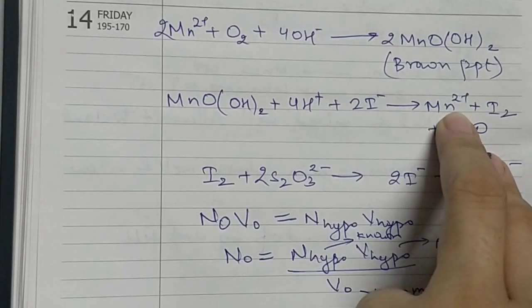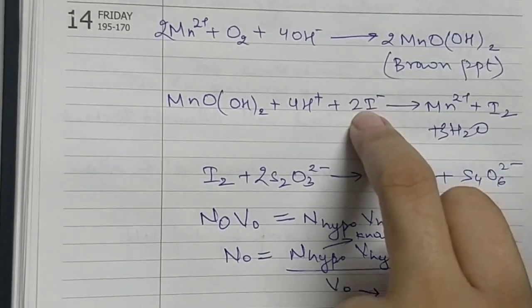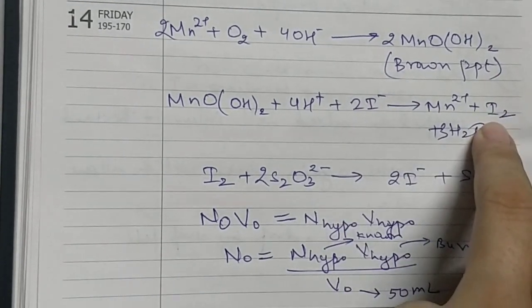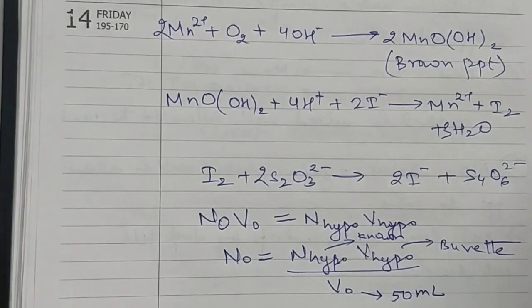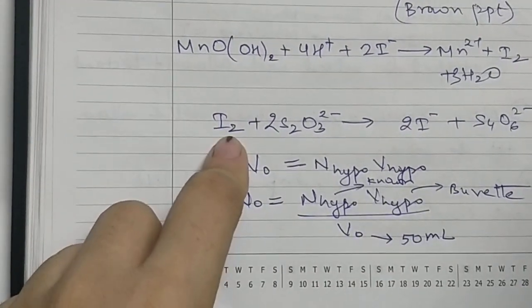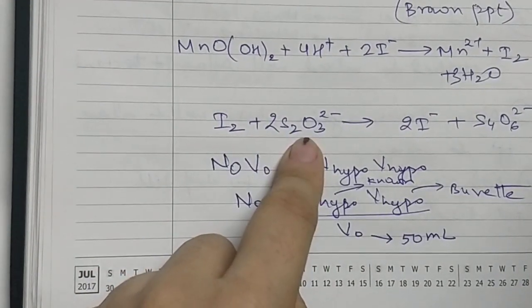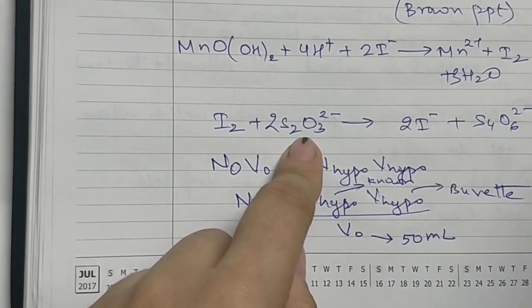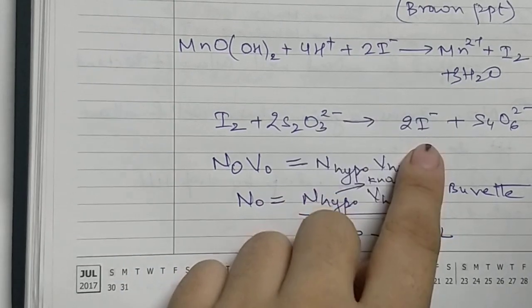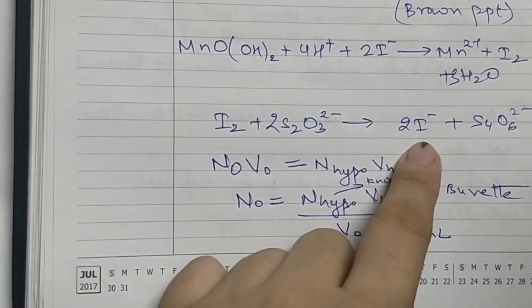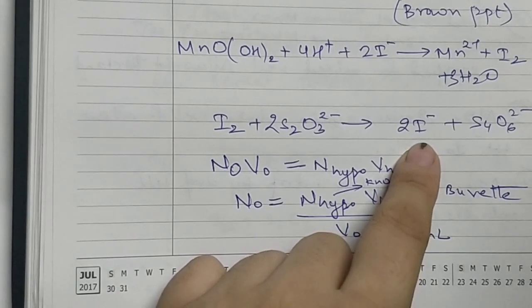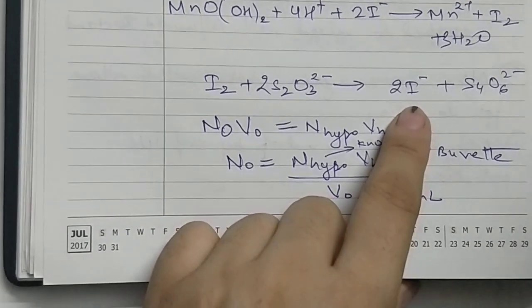Instead of the brown precipitate, as iodide is getting converted to iodine, a brown color solution will be seen. When this brown solution is titrated with sodium thiosulfate or hypo solution, it will form iodide ion again, and the blue-black color of the starch iodine complex will disappear.